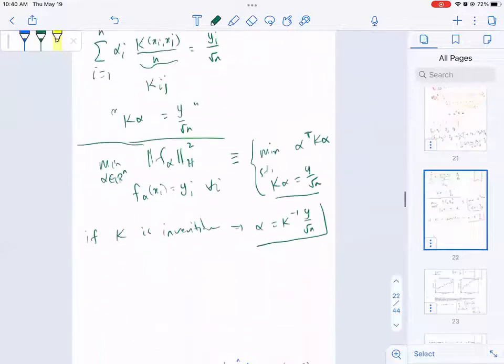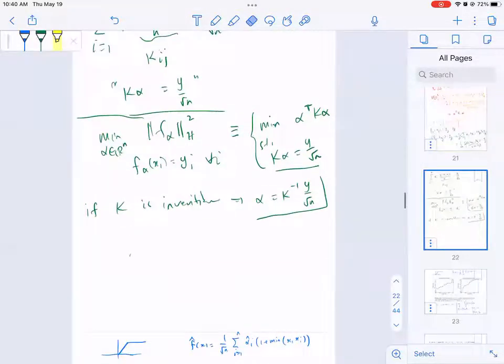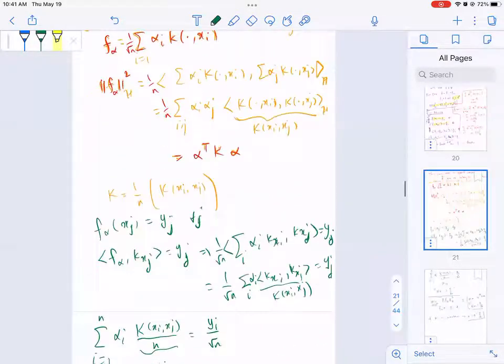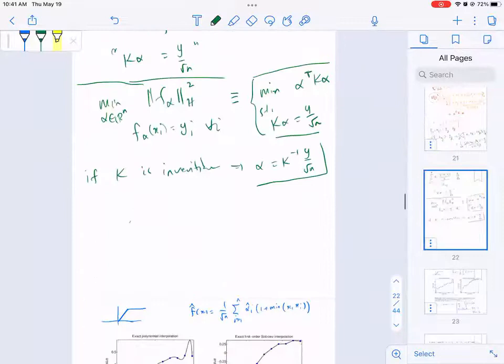In any case, if you plug it into that, we see that for the optimal solution, the Hilbert norm squared, replacing K alpha in the objective. So what do I mean by this? The objective is this, because we calculated the Hilbert norm here, right? So the problem reduces to a function. This is the reduced problem.